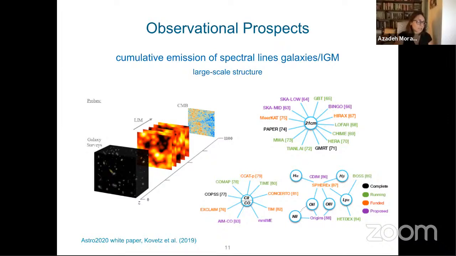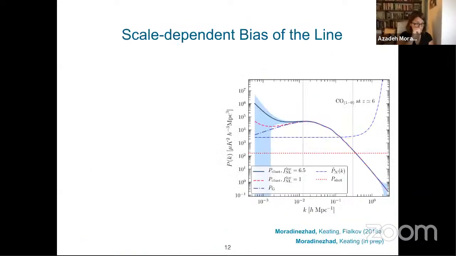This interest seems to be growing, but the surveys are more at the Pathfinder stage. So it's interesting to understand what kind of surveys are best suited for probing cosmological parameters, and that's what I'm going to talk about.